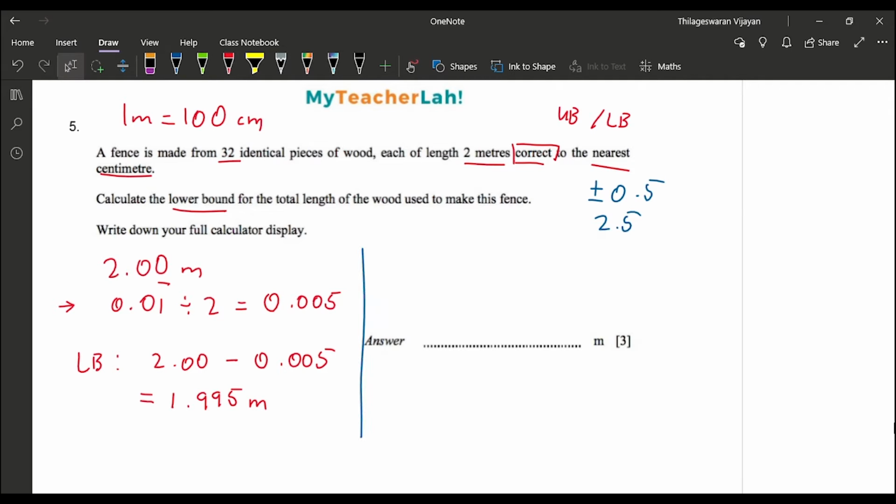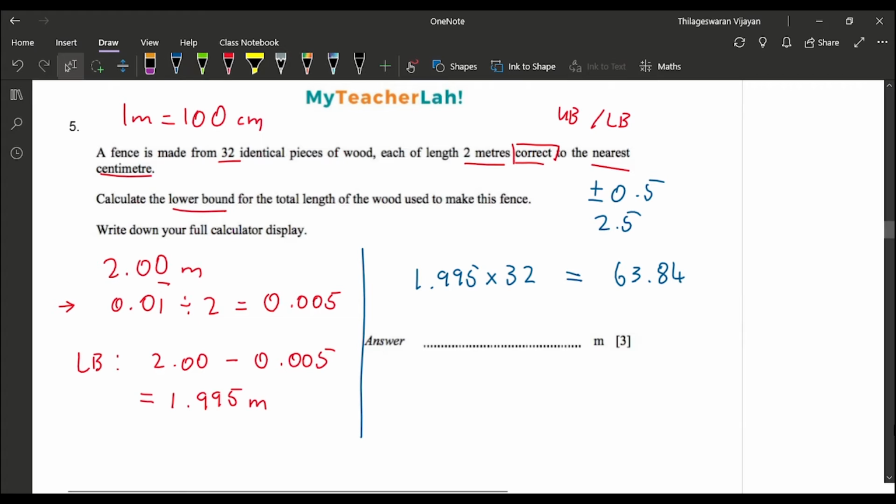Once that's done, we have not completed the question yet. So they asked 32 identical pieces. You just do the multiplication. 1.995 multiplied by 32. So your final answer should be somewhere around 63.84 meters. Okay, so that's your final answer.